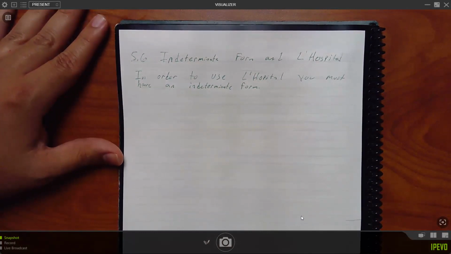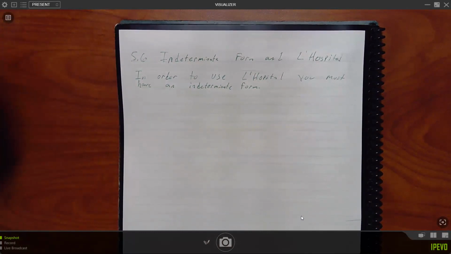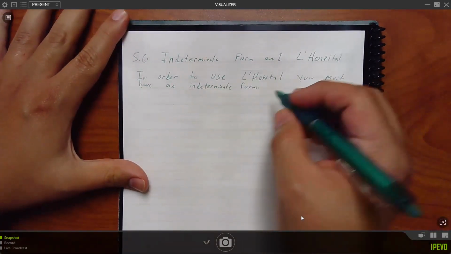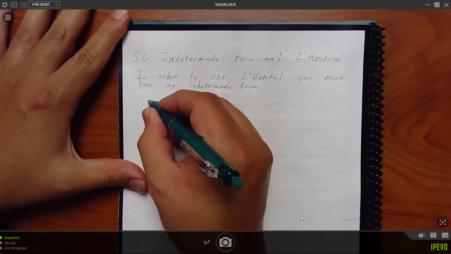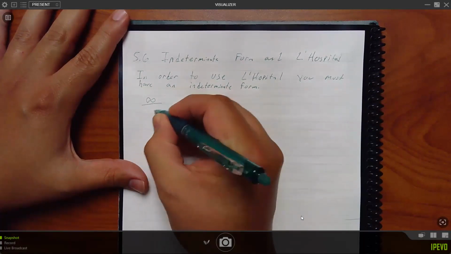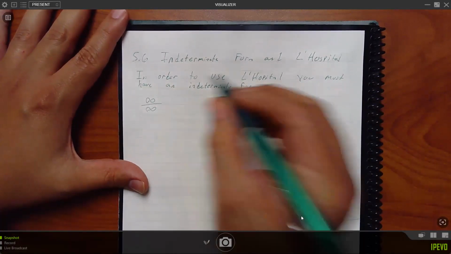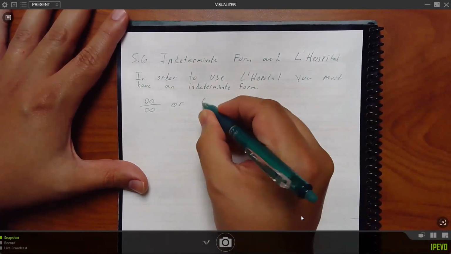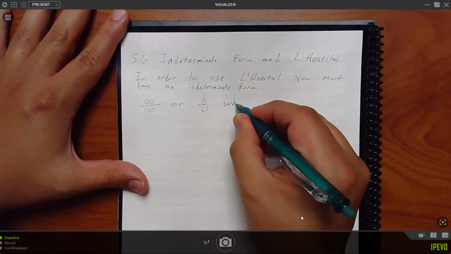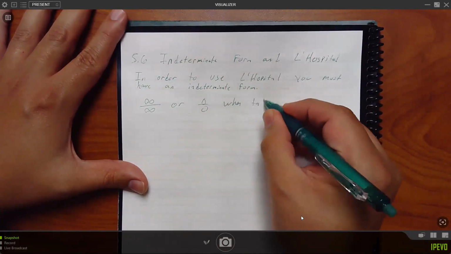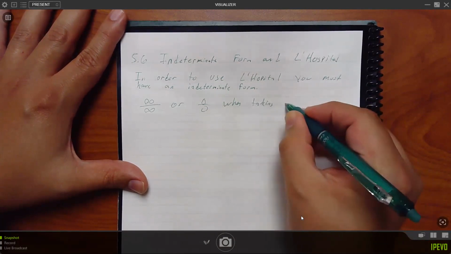Okay. Indeterminate form means you take a limit and get 0 over 0 or infinity over infinity when taking a limit.